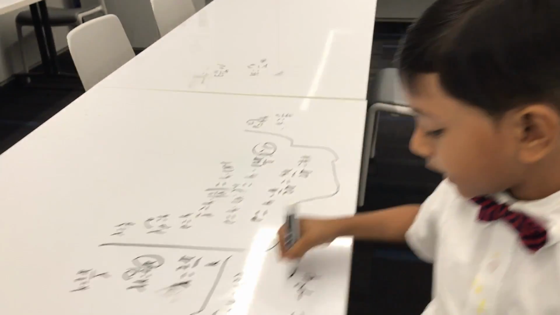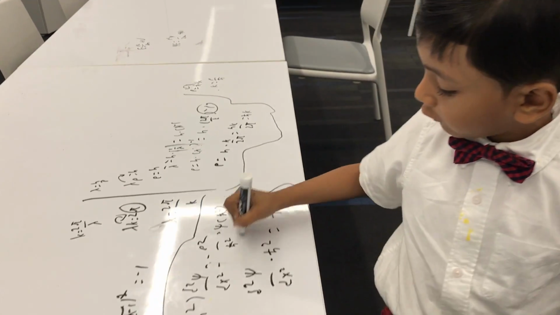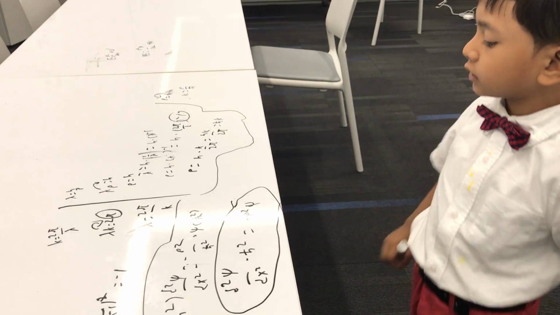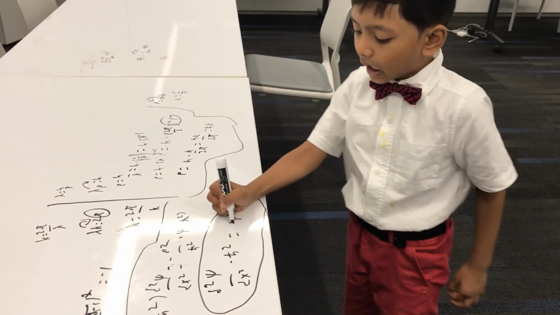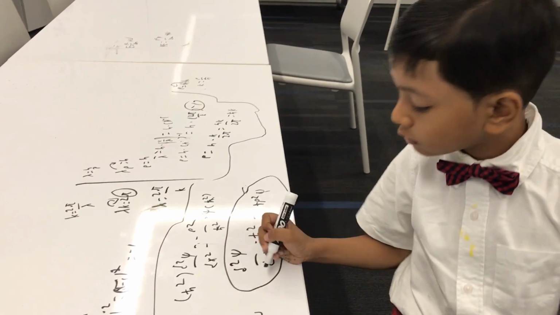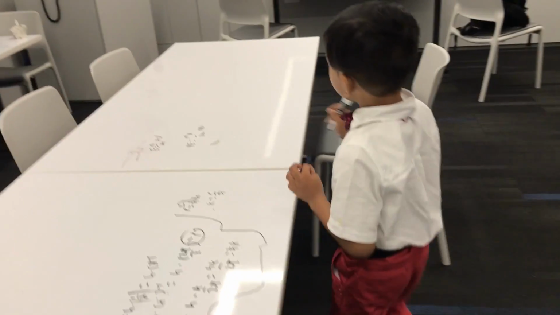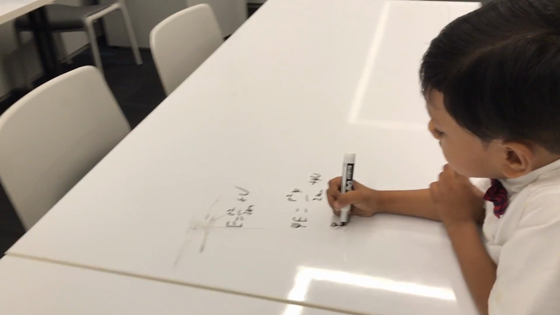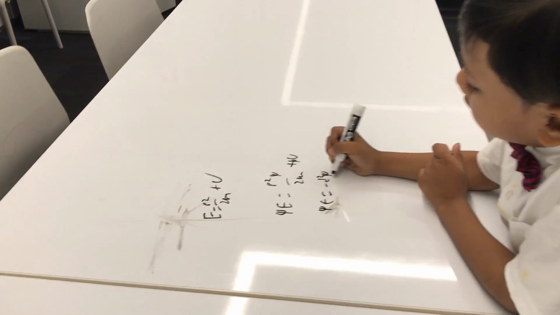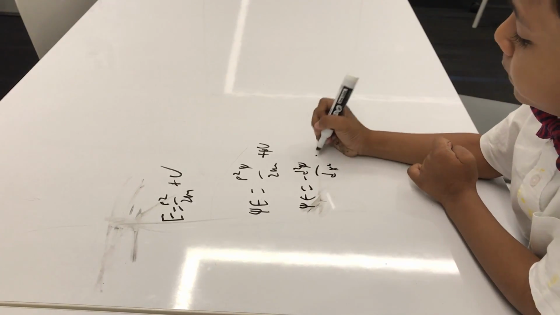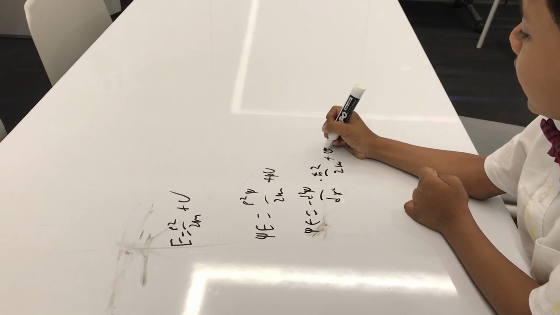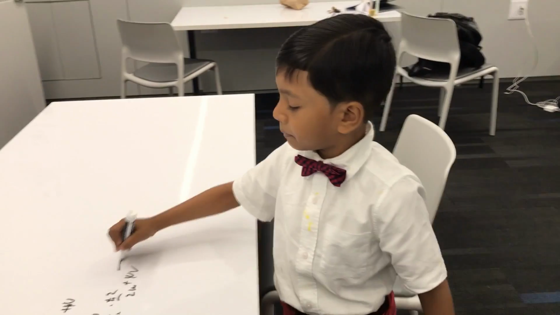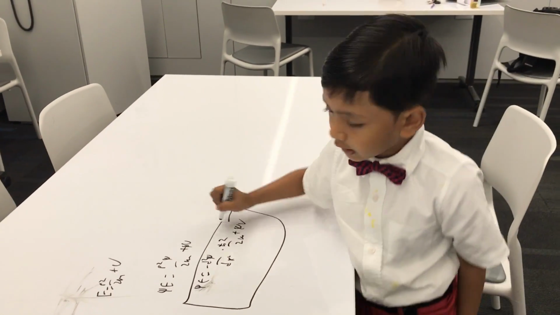But it states here that d squared psi over dx squared times reduced Planck constant squared is a negative p squared psi. So positive p squared psi must mean the negative goes to the other side. So let's write that. Psi e is psi over dx squared times reduced Planck constant squared over 2m plus psi u. And that is the time-independent Schrodinger equation.